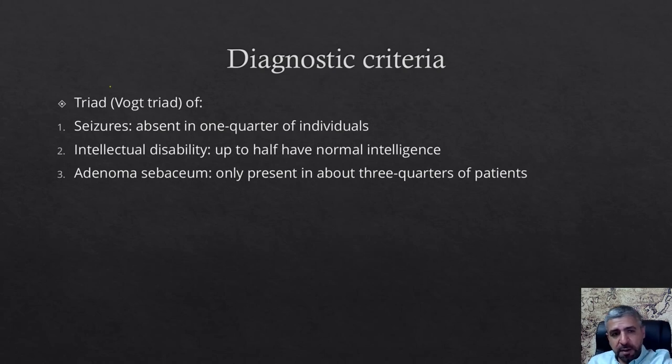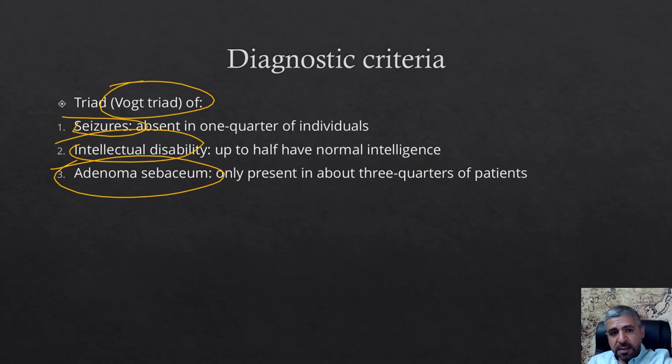There is what's called the Vogt triad, which has three findings: seizures, intellectual disability, and adenoma sebaceum. The seizures are not always present. They are absent in about a quarter of the patients. Intellectual disability is also not always present, so up to half of the patients have normal intelligence.